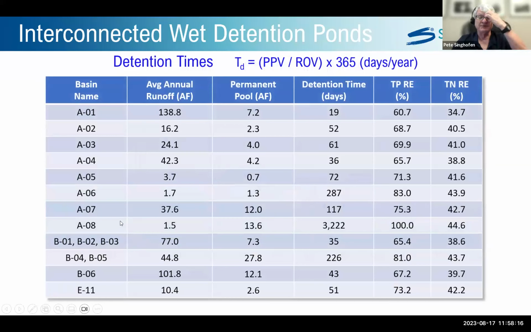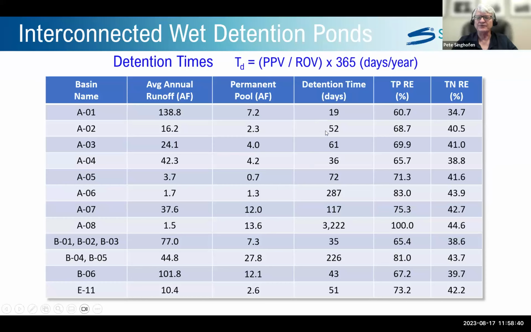So the first thing that we do is we calculate the detention times for all of these wet systems. And the detention time is the permanent pool volume divided by the average annual runoff volume, and then multiplied by 365 days per year. So these vary. A01 has a 19-day detention time, A02, 52-day, and so on.